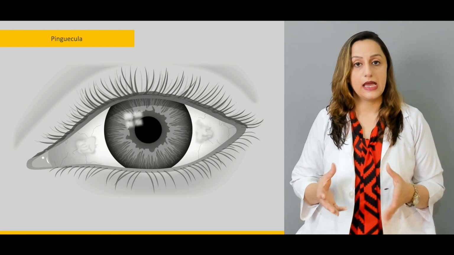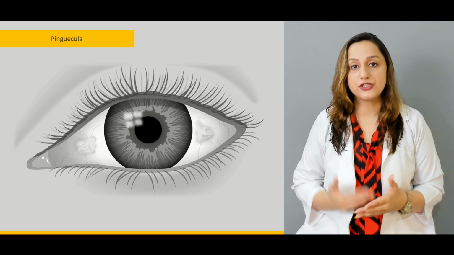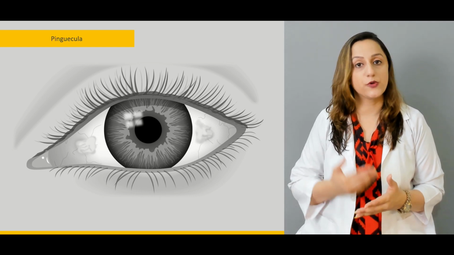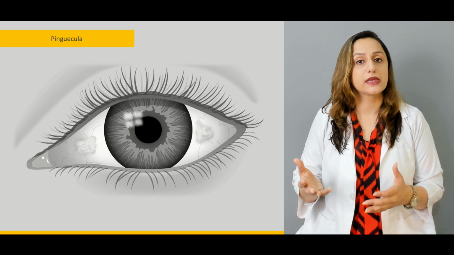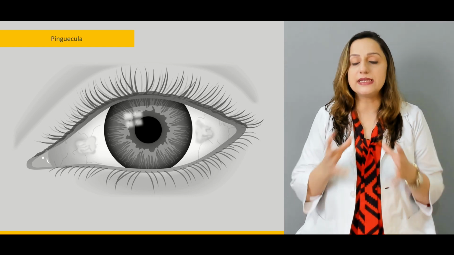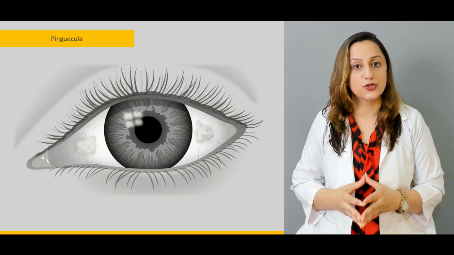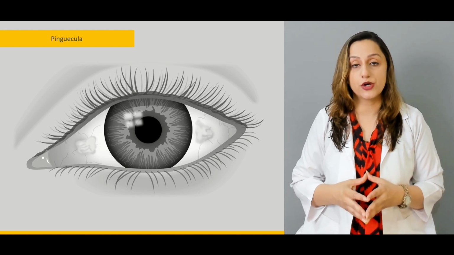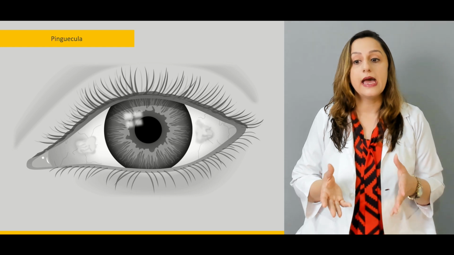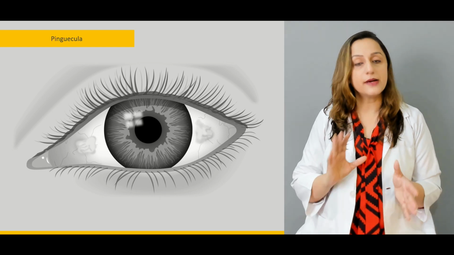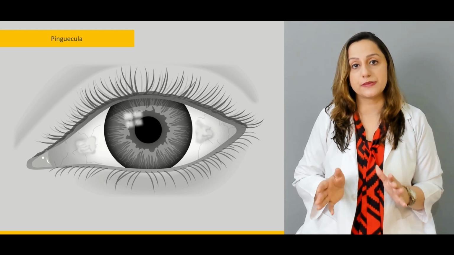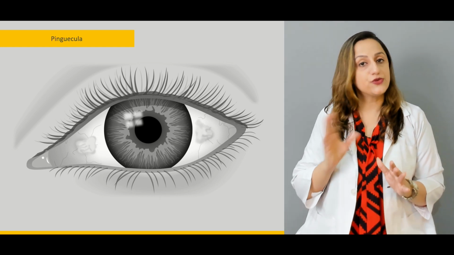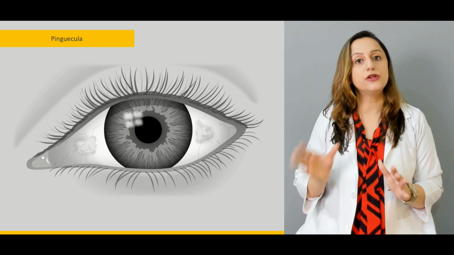We also have to differentiate this condition of Pinguecula from Pterygium. Pterygium is also a whitish, yellowish patch that is going to arise in the bulbar part of the conjunctiva most commonly. But when we compare a Pinguecula from Pterygium, a Pterygium is usually a triangular fold.